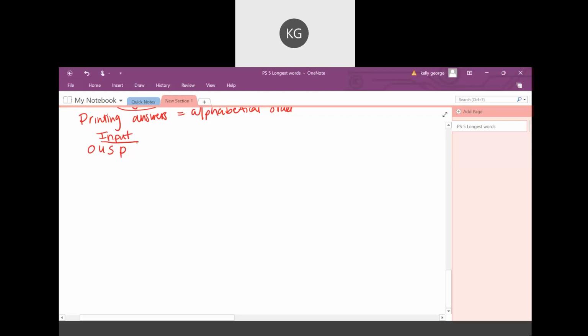So the first thing we need to do is create our subset. I wrote it differently in my paper, so let me just rewrite it so it's easier. So P, O, U, and S.